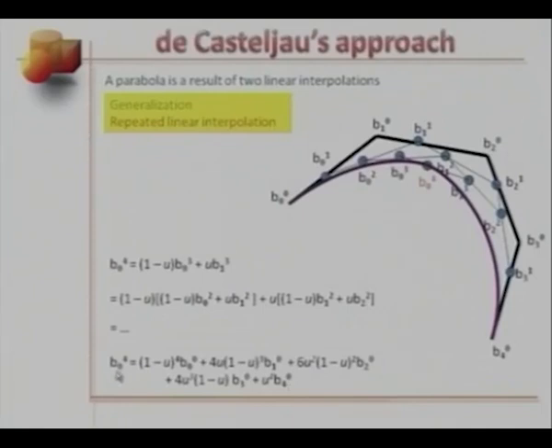Notice that this expression here is of degree 4 in u. This superscript, therefore, represents the degree of the curve. Also note that b 0, 0, b 1, 0, b 2, 0, b 3, 0, and b 4, 0 are design points that are specified maybe interactively by the designer.